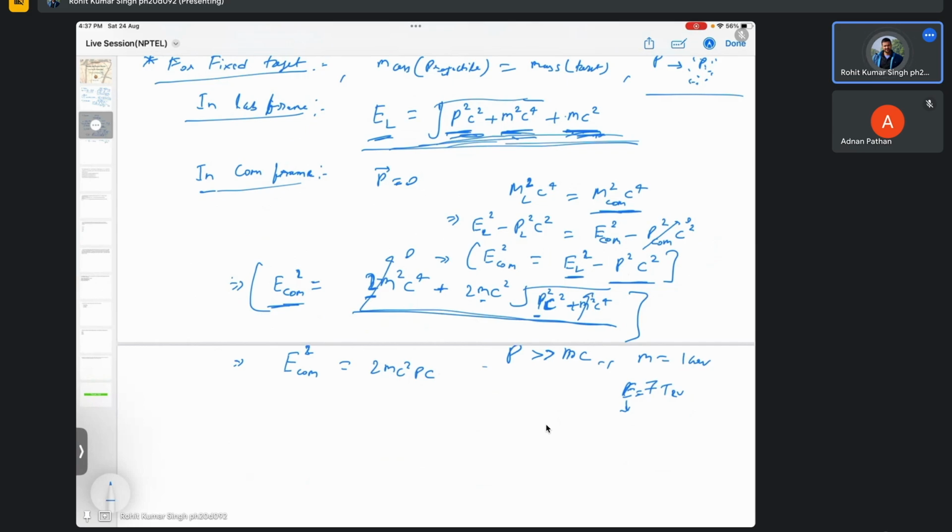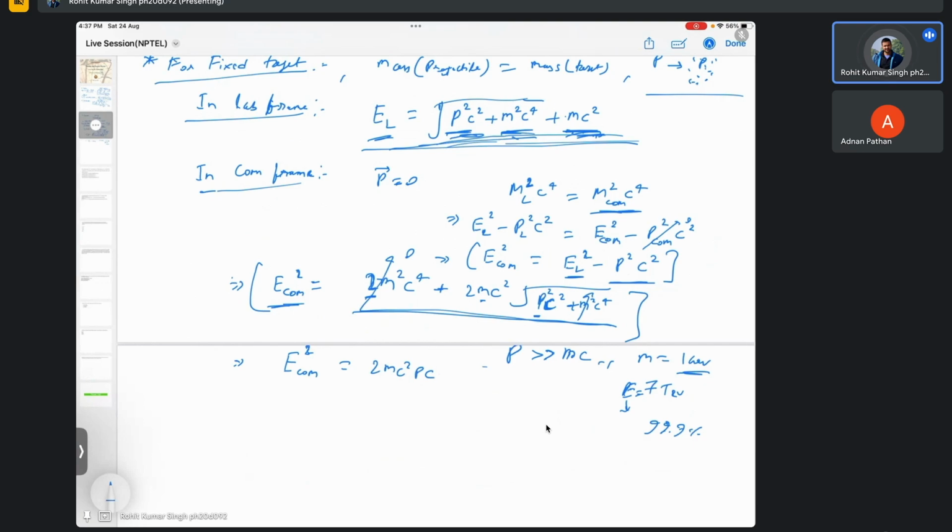It will be very high compared to what we have in GeV. But it goes to 99.9% of the speed of light. How can it go to 100%? Relativistically, it's not possible to push the velocity greater than the speed of light. So then that P is much greater than M, it should be, right? Not MC.